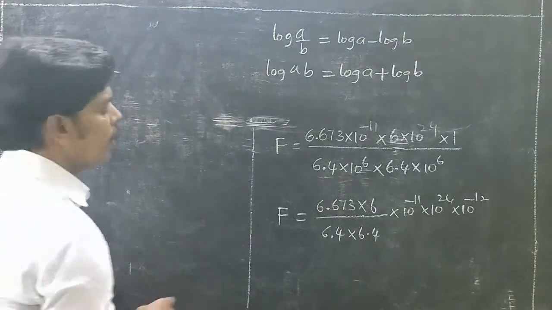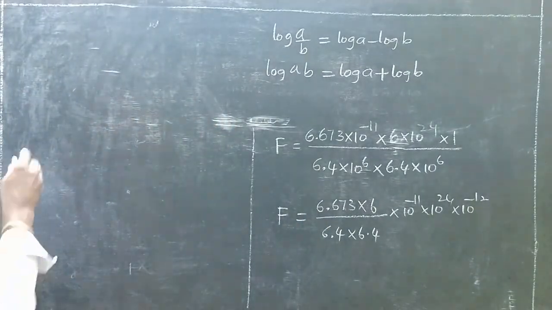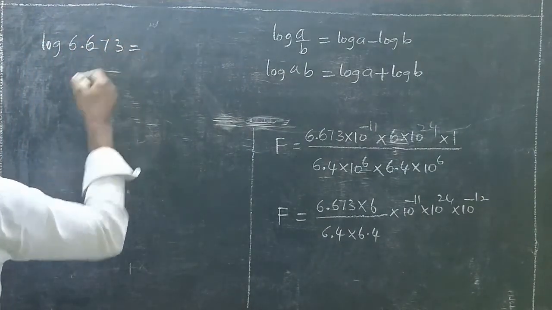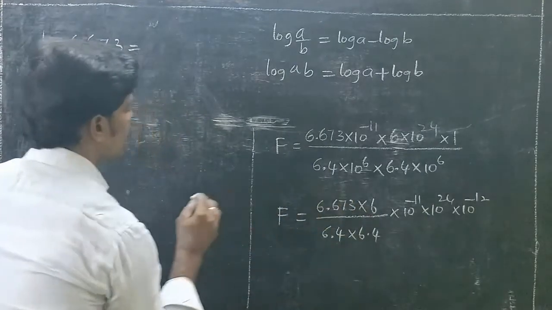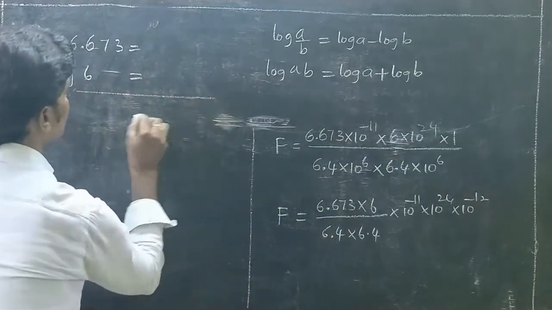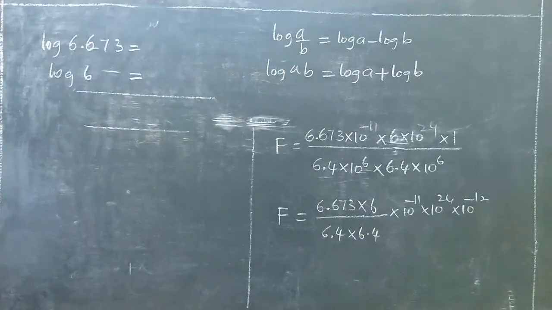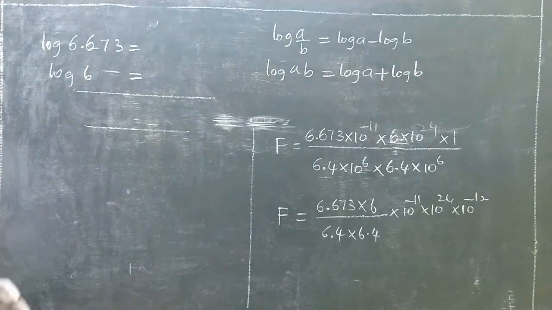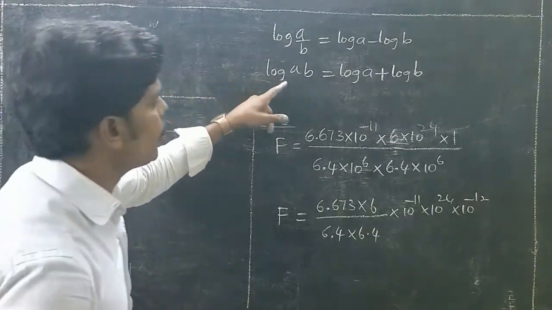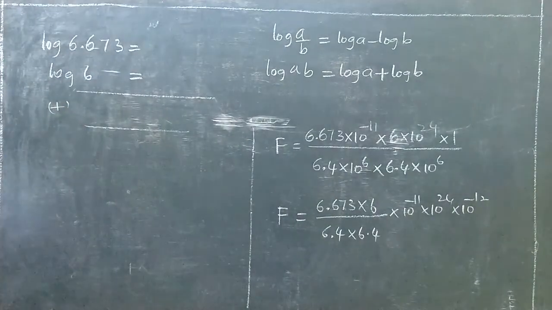So first of all, we need to find log of 6.673 and log 6. Both are in the form of log a into b, log a plus log b, so these two logarithms will be added.